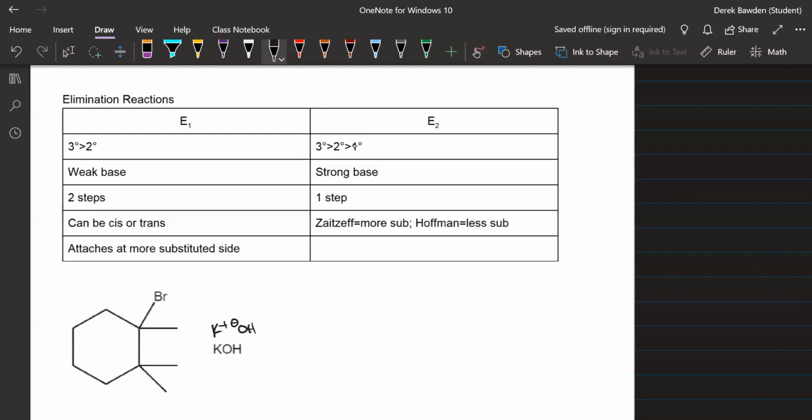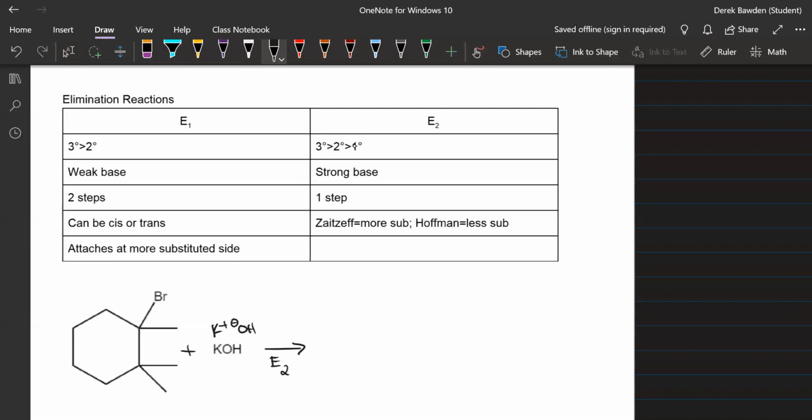He's very content. It's almost as if he's positively charged and the OH is negative. Not quite, but it's very close, okay? All right, so we have a strong nucleophile, or strong base, sorry. So what is that gonna be? E1 or E2? E2, right? Because we have a strong base. Perfect. Okay.